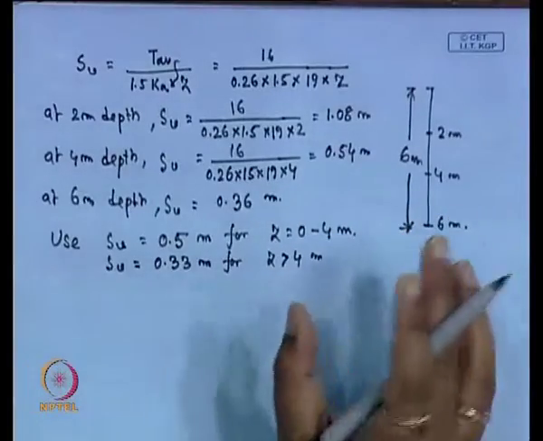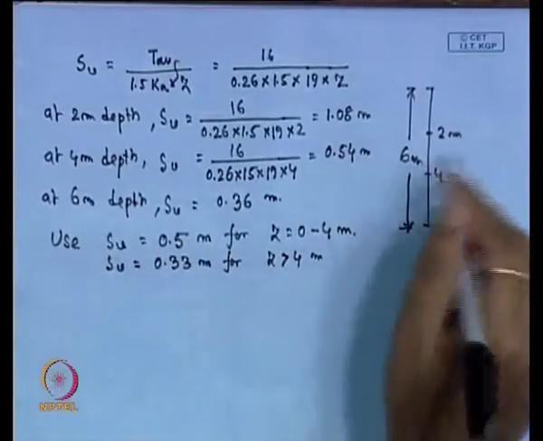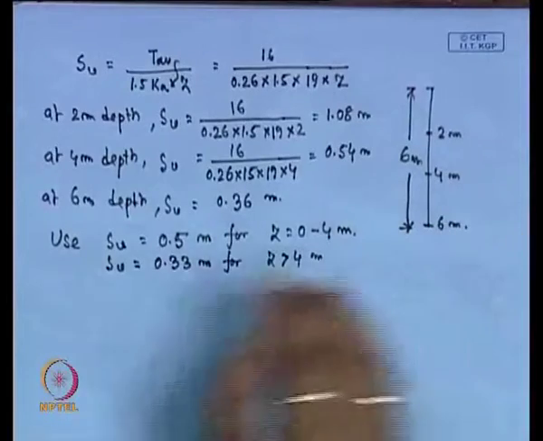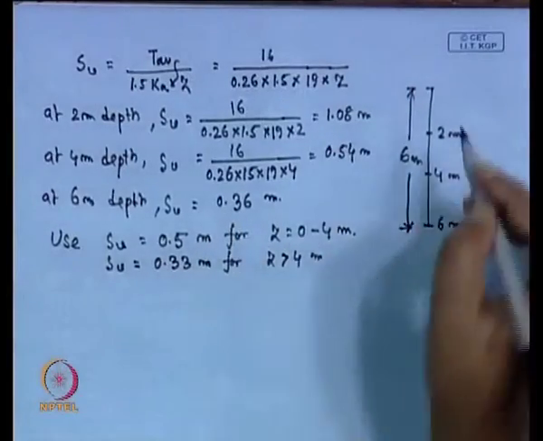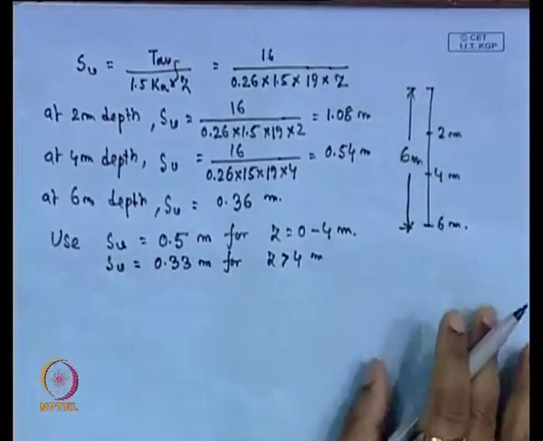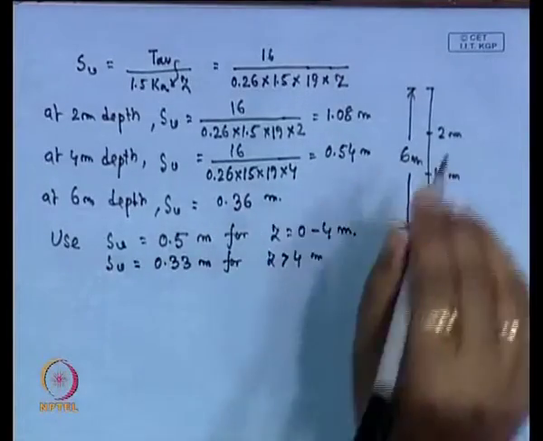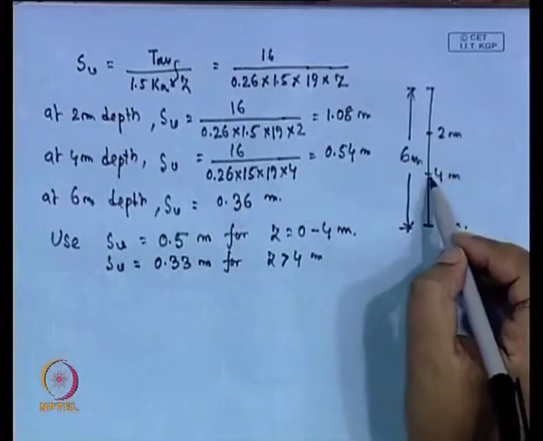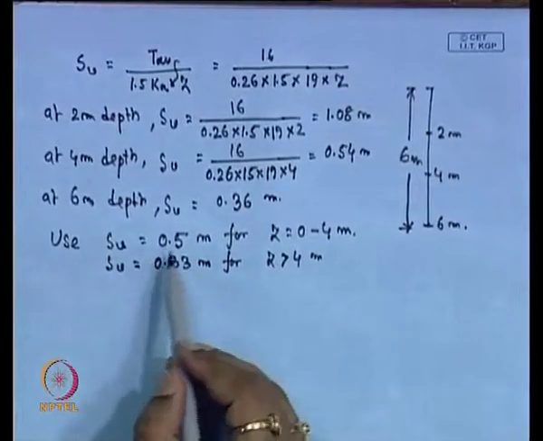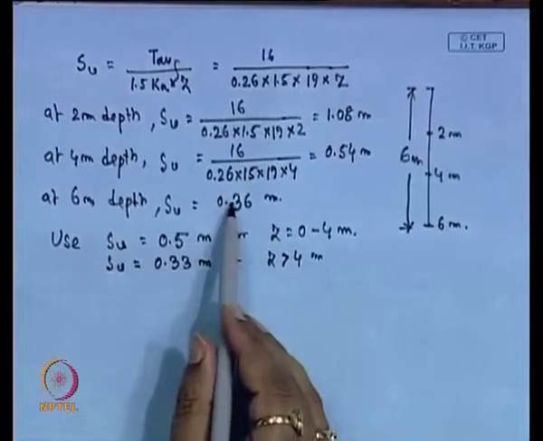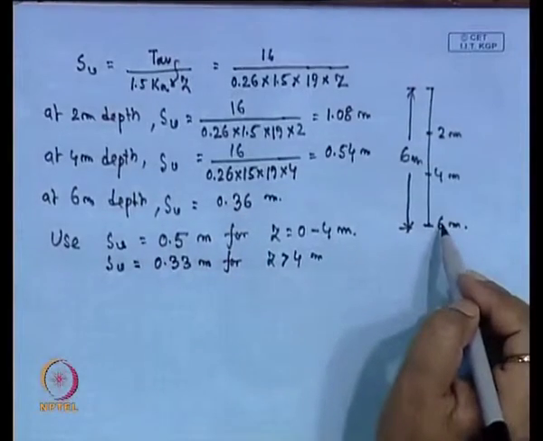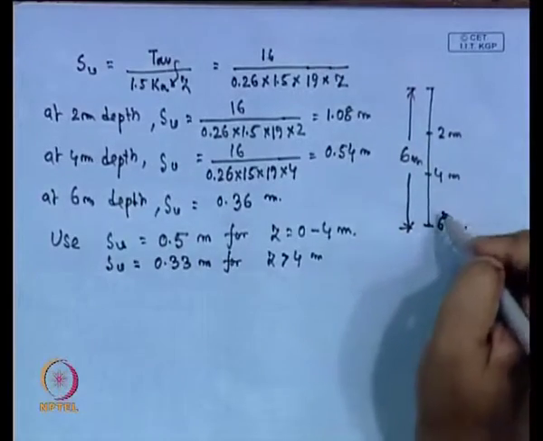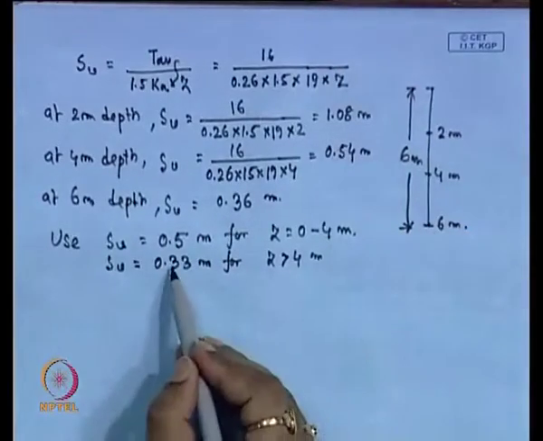To minimize the variation, I have taken only two types of spacing. We have to decide the spacing such that we can place the reinforcement properly. If I take 0.35, it will be very difficult to place with equal spacing. So, to make it equal spacing and place within this 2 meter, we have taken 0.33.